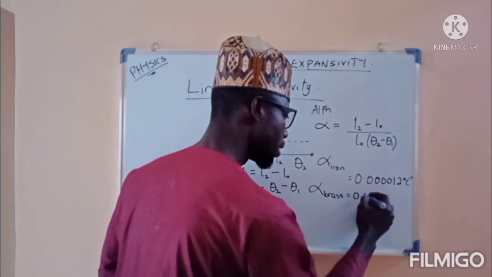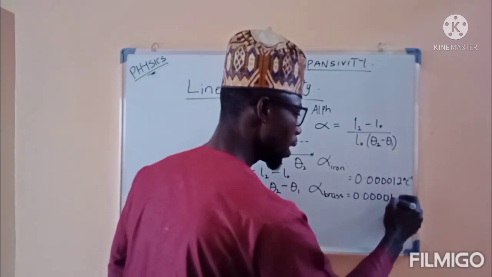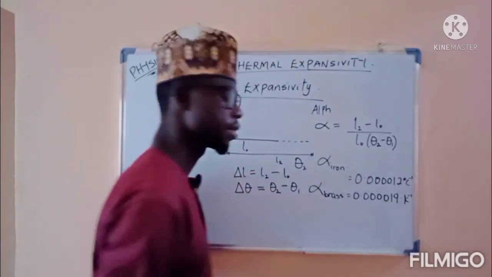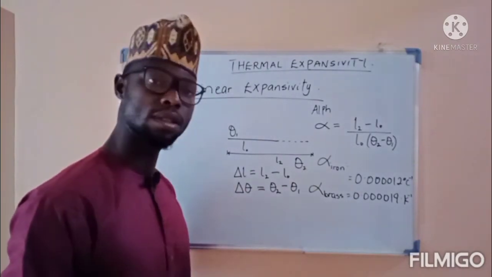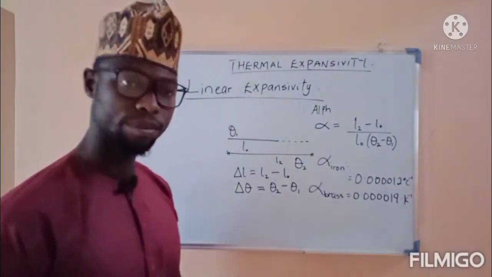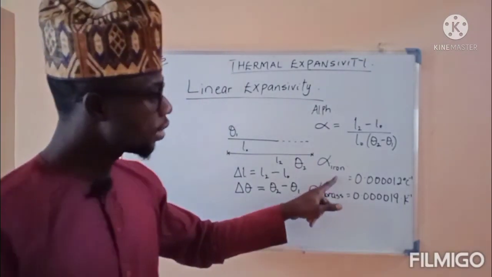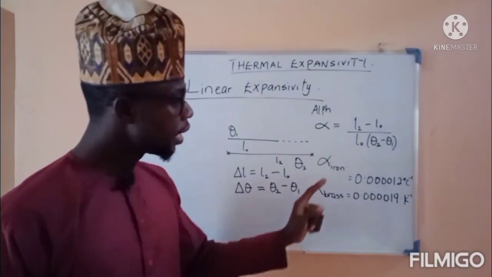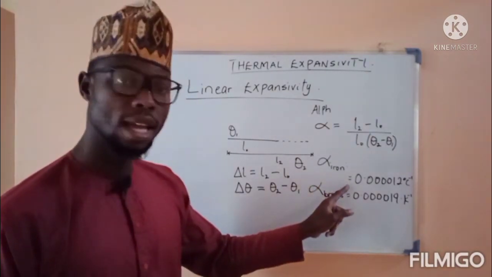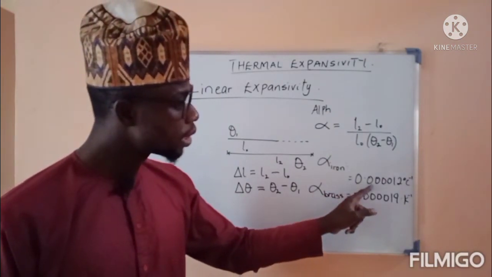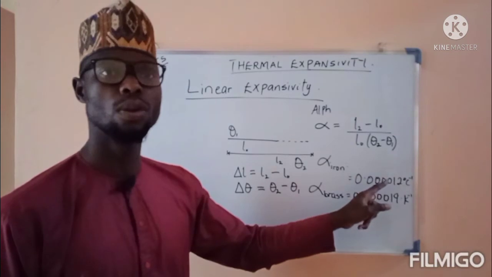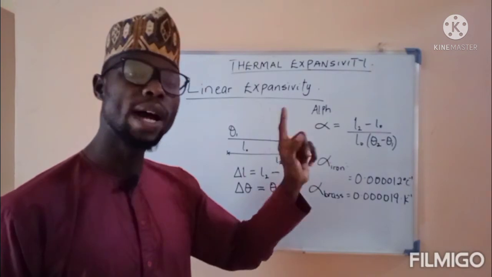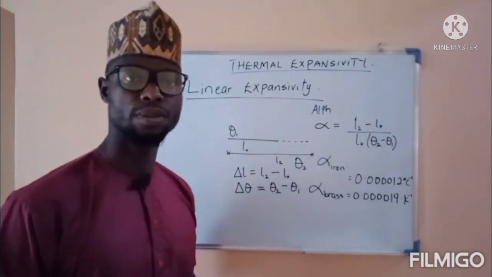So the linear expansivity of brass is about 0.00019 per Kelvin, or per degree Celsius. So what is this telling us? For iron, it's telling us that when it is subjected to heat, it will expand as much as 0.0000012 when heated through 1 Kelvin of temperature.